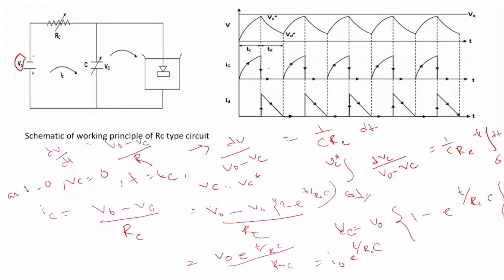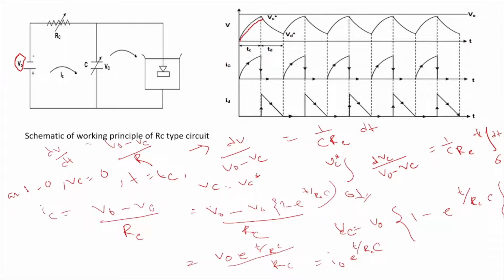Okay. So in the first phase, during T off, it's like during charging the voltage actually increases. We can see in the figure, the diagram, it's actually increasing.